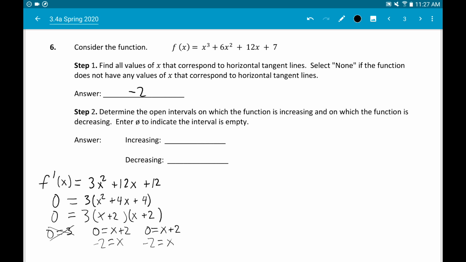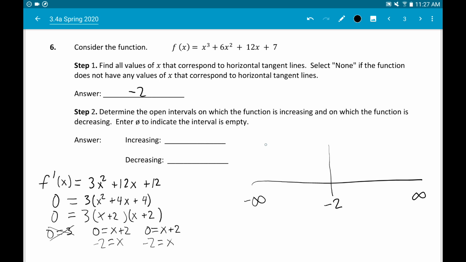Alright, and then we'll build our number line to do the increasing and decreasing part. So again, number line goes from -infinity to infinity. We put the x value of that horizontal tangent on the number line at -2.